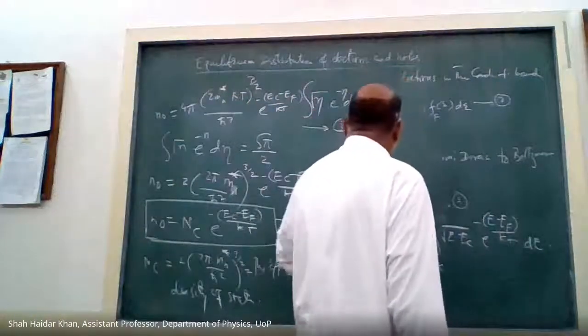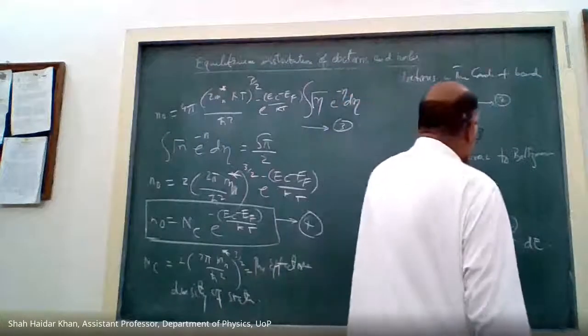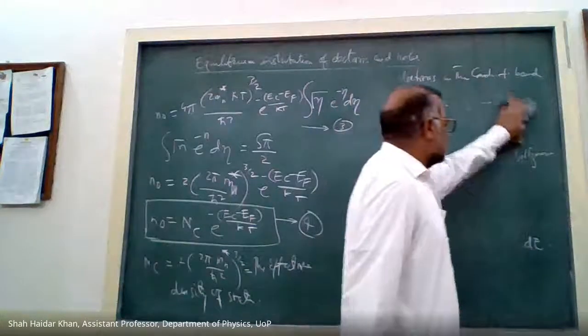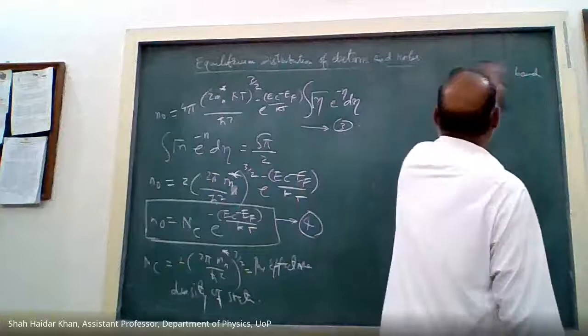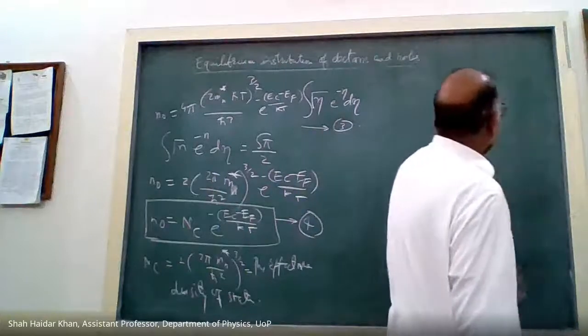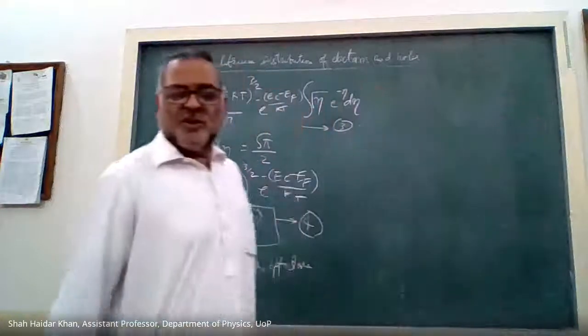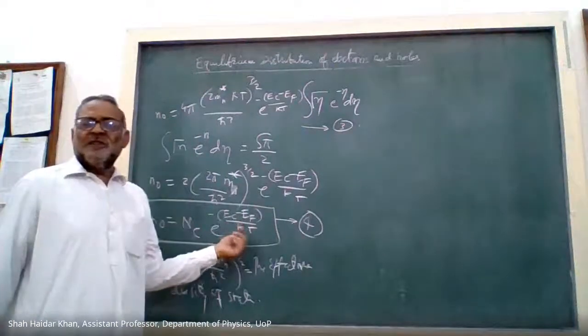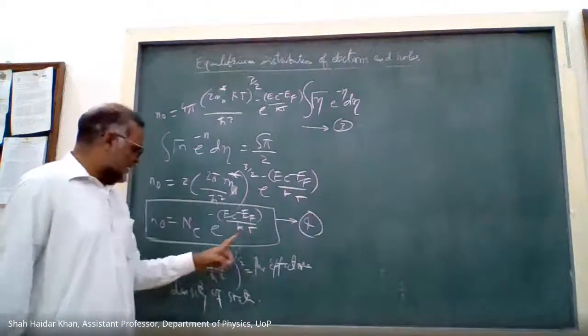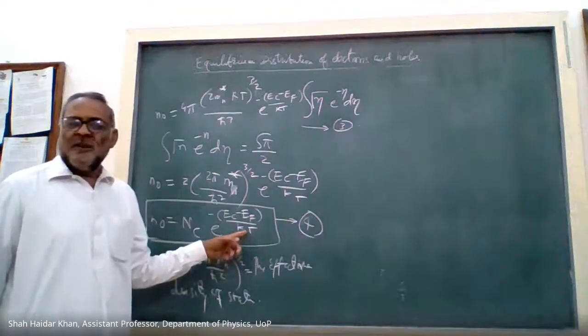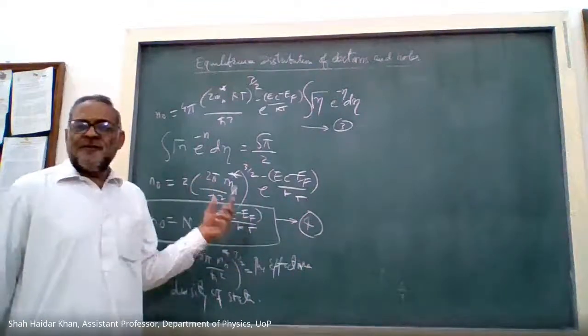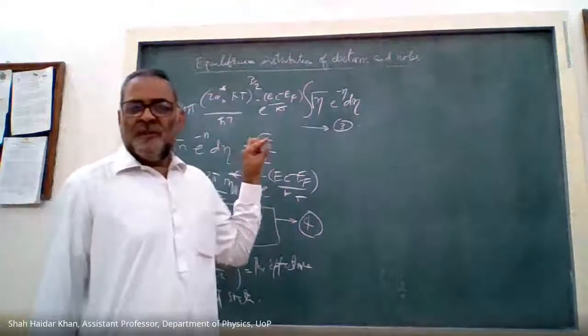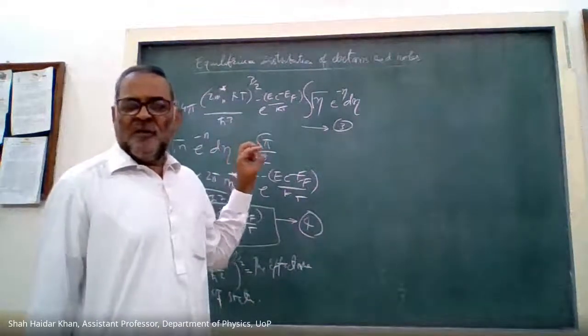So let us now find the concentration of holes in the valence band. We call it the equilibrium concentration of holes, right? It is a function of the temperature as well, and it is a function of the difference between the conduction band bottom energy and the Fermi level.